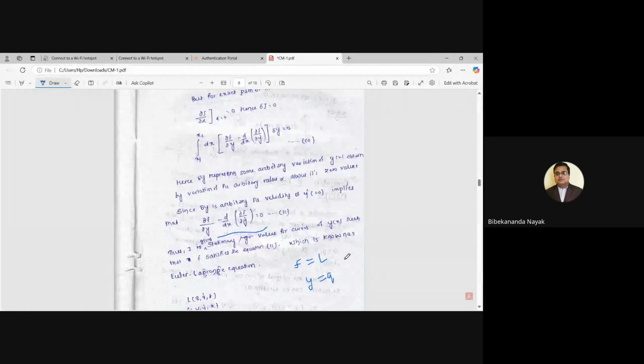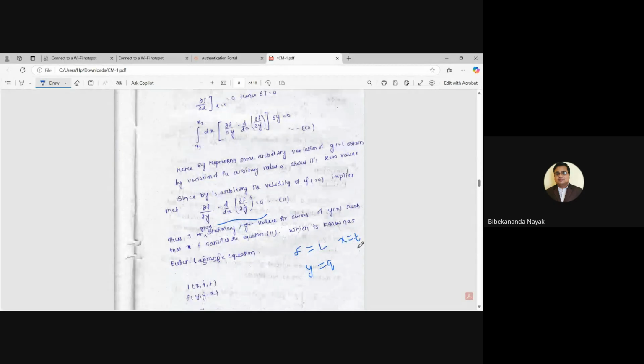You can check it. Simply Lagrange's equation will be: del L by del q minus d by dt of del L by del q dot is equal to 0, which is our Lagrange's equation.